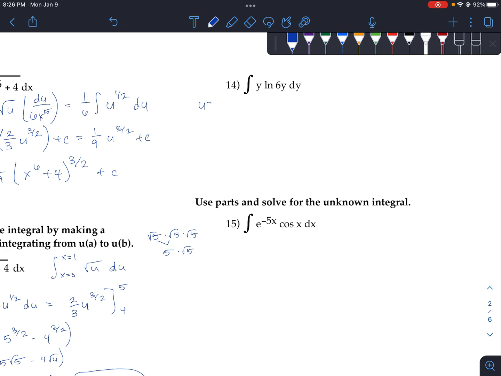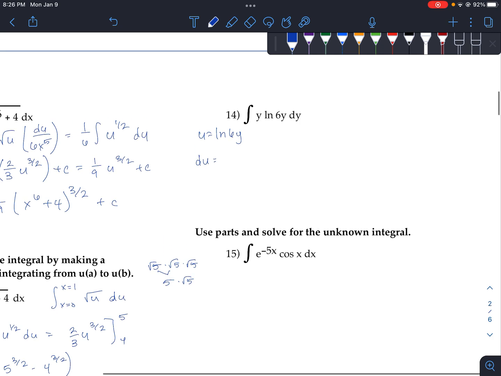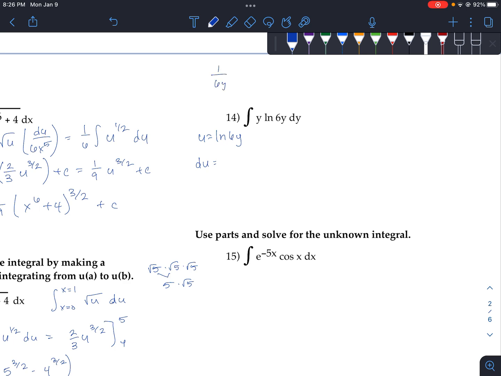So let's say u is equal to the natural log of 6y. The derivative of that would be 1 over 6y multiplied by the inside, so it's just going to be 1 over y dy.